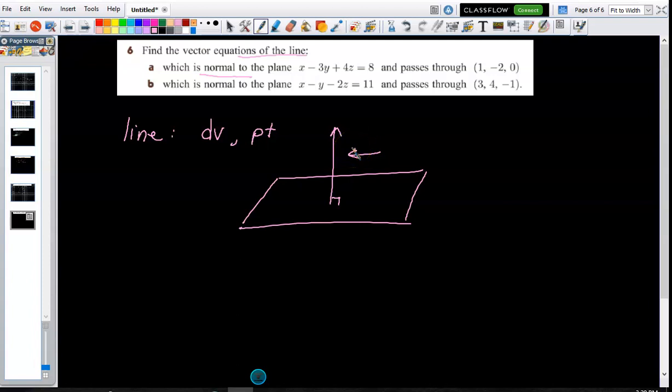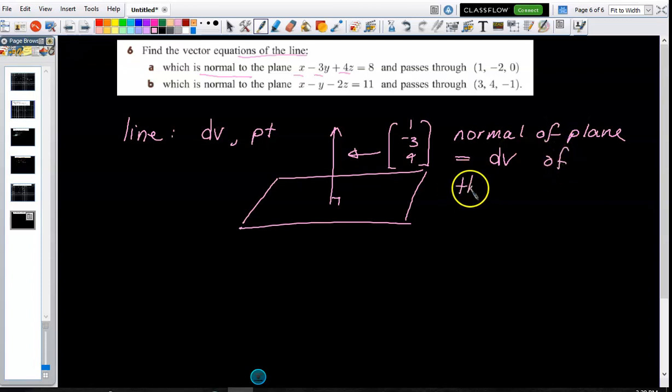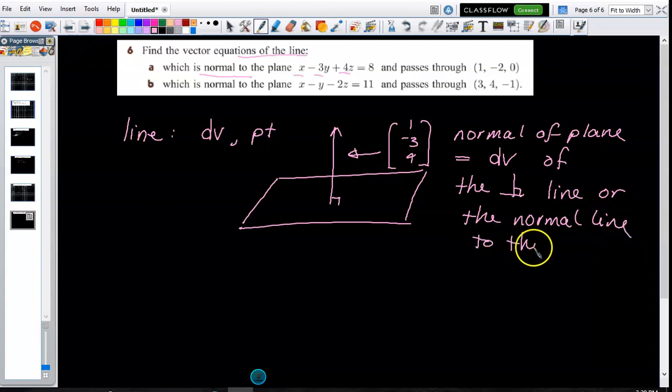What direction, what vector is that? 1 minus 3, 4. So the normal of the plane, 1 minus 3, 4, equals the direction vector of the perpendicular line, or we call that the normal line. Right? So that is my direction vector for my line.